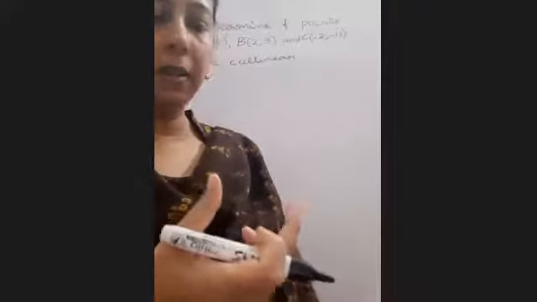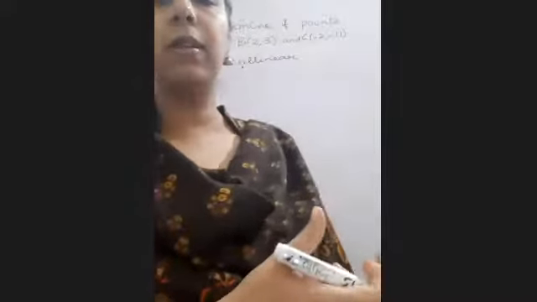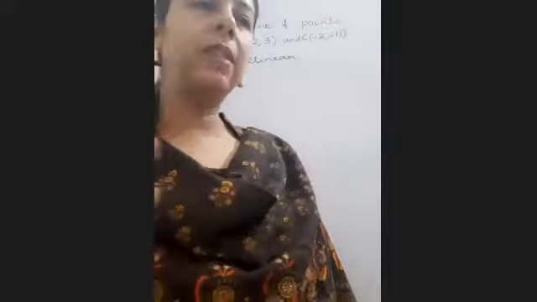I cannot say if the points are in order or not, so we are going to calculate AB using the distance formula, BC also using the distance formula, and then AC. All three. And we'll see if the sum of any two is equal to the third. If yes, the points are collinear. If no, the points are not collinear.